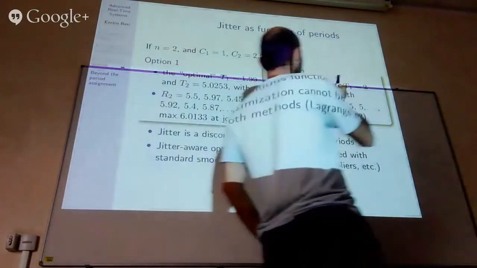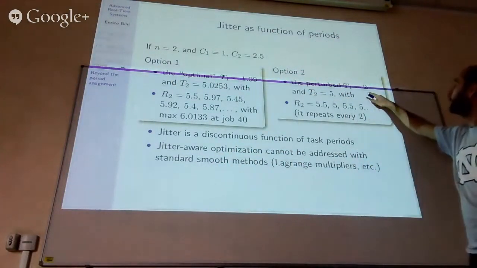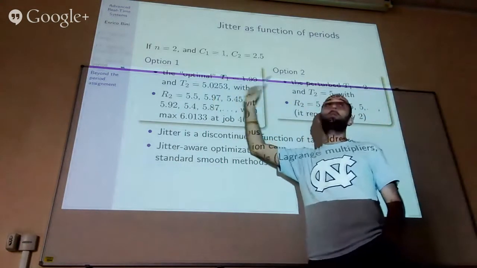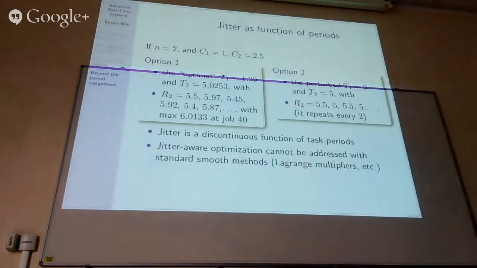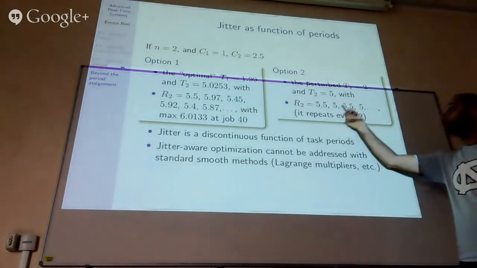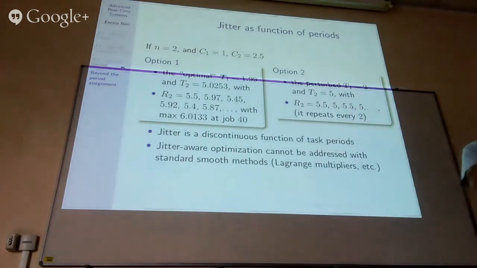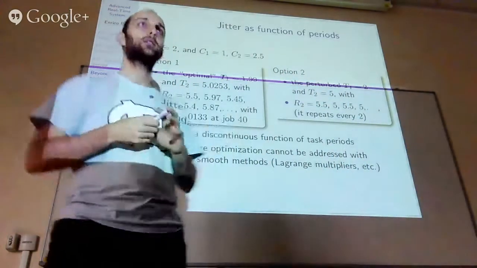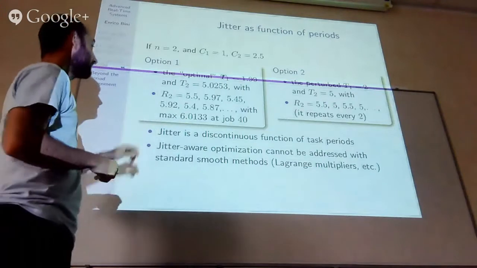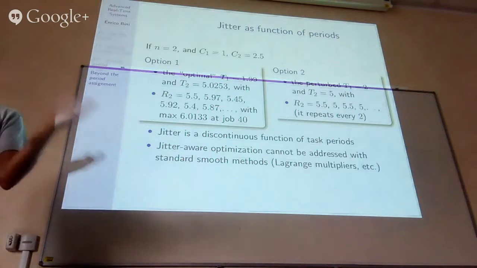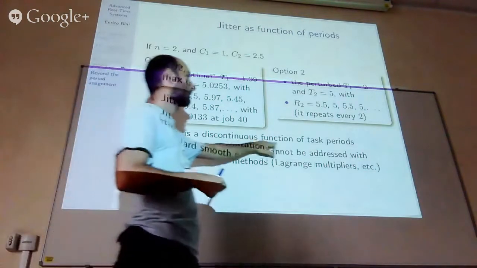However, if you make just a small perturbation of the periods, let's say 2 and 5, where it was 1.99 and 5.0, so a very, very small perturbation of the task periods, basically the response time pattern that you get is very simple: 5.5, 5, 5.5, 5, which repeats every 2. So it's extremely simple. This example is just to say that the jitter, that is how much the response time pattern varies over time, is discontinuous over the task period.